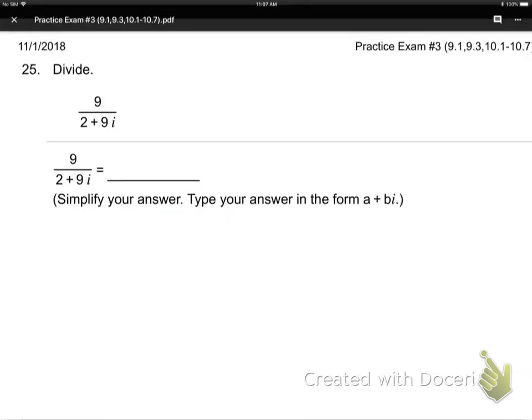Okay, number 25. What do we do when we have an i on the bottom? Let me write a note over here. When i in the denominator, we do the conjugate.